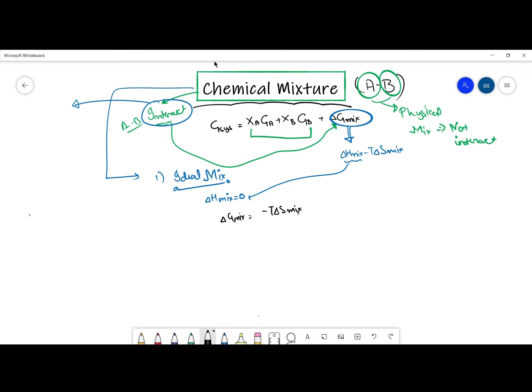Now, we studied in the previous video that delta S mixing, or I should write in this case, since it is a mixture, there will be some configuration. I can write this delta S mix as delta S configuration, and that was K ln omega. We studied that in the previous video, and this omega is the total number of arrangements possible for A and B atoms.